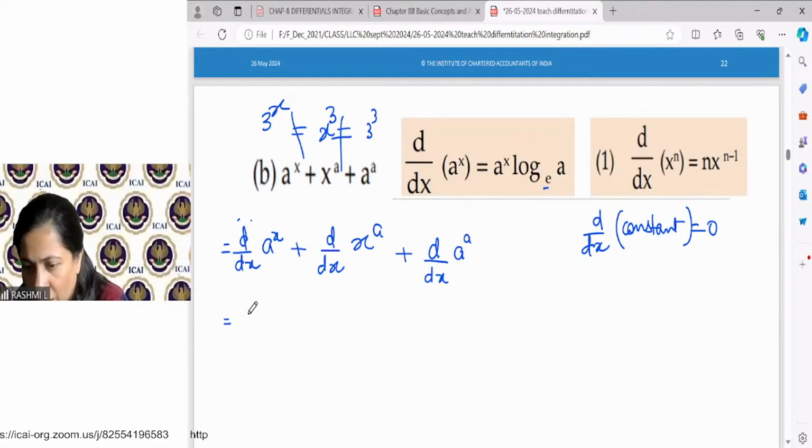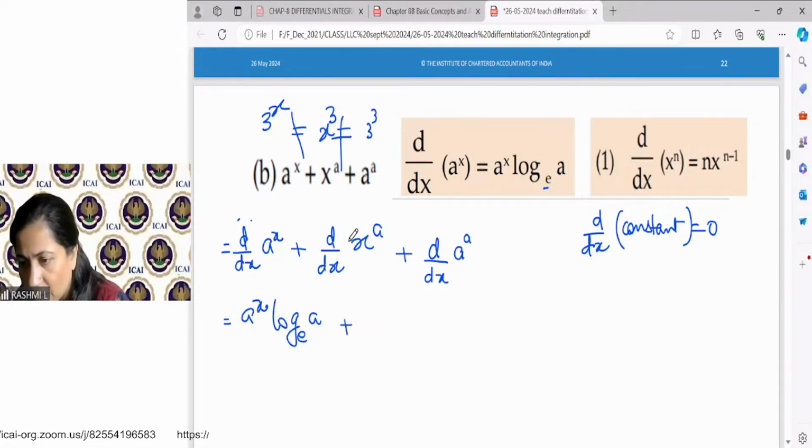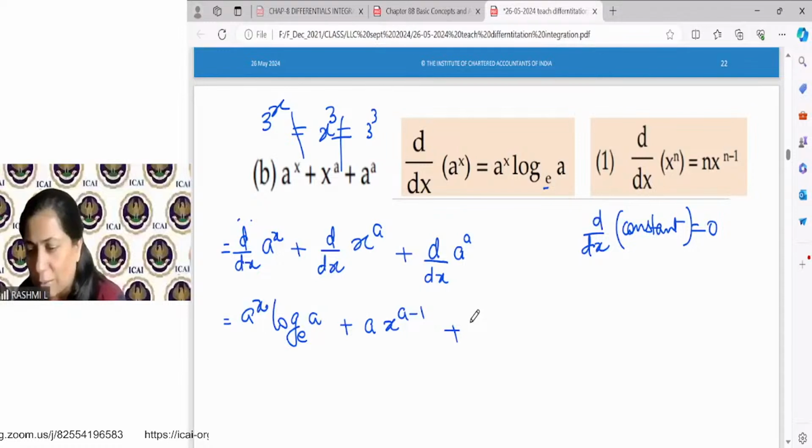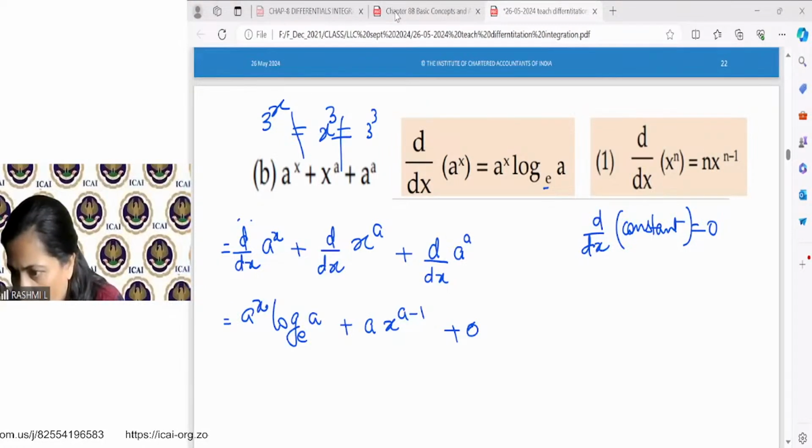I'll use the first formula: a raised to x log a to the base e, plus d/dx of x raised to a, which is a x raised to a minus 1. And what will be the derivative of a raised to a? For example 3 raised to 3, it will be equal to 0 because it's a constant. Excellent. Yes, Reshma has got it correct. Devendra has got it correct. Yes, very good.